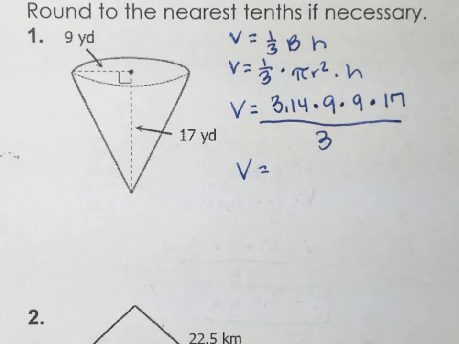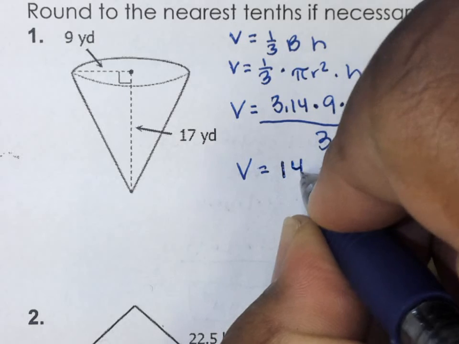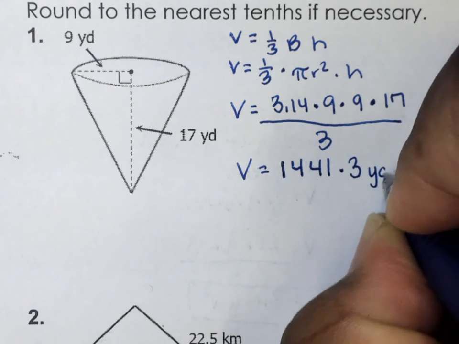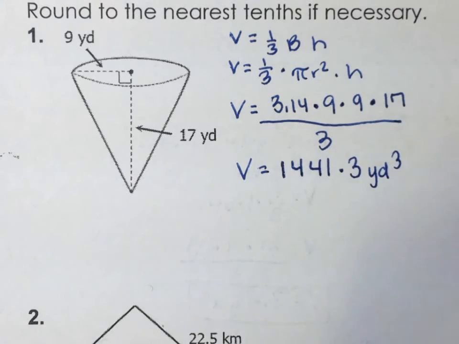To the nearest tenth, I'm waiting on y'all. 1,441.3. This is yards cubed.